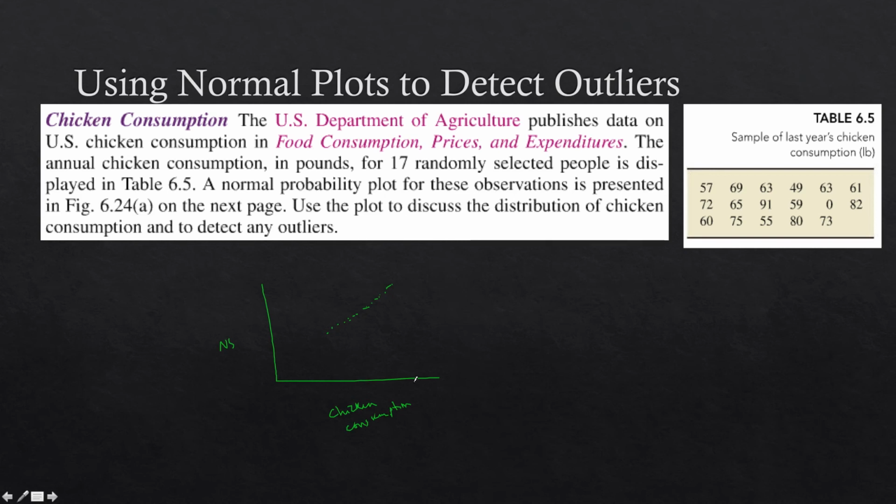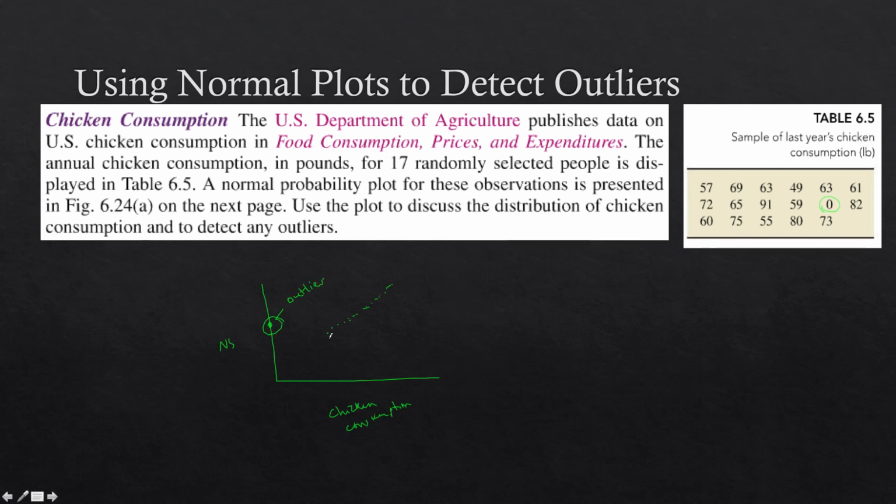Okay, but what happens if we have a dot way over here? That might represent this one right here. This is 0. Notice all the other ones are close together, but the 0 is way over here. Well, just like we studied earlier in our semester, this is an outlier.